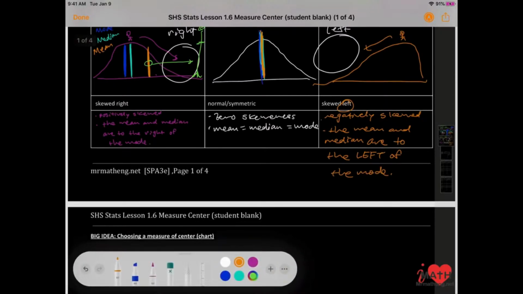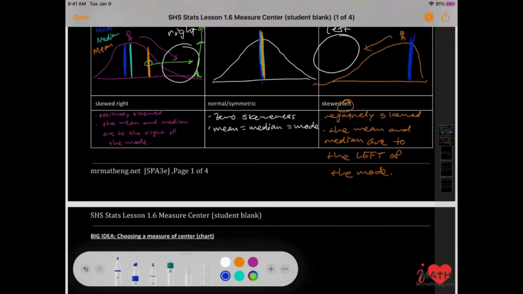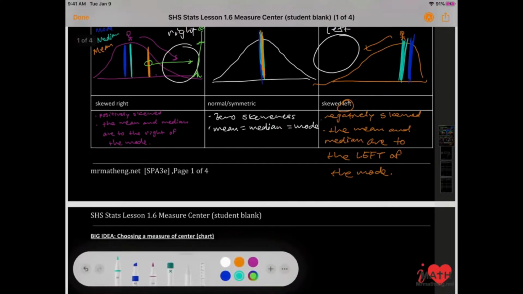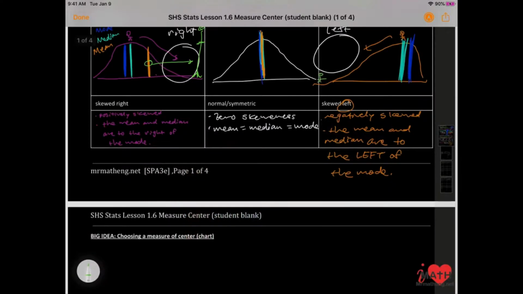Okay, so let's do this with colors. So here's the mode. Doesn't really change much. Shaq came into the room. The median's kind of staying right there. But in comes someone who is gifted height-wise, but not so tall. What does that do?